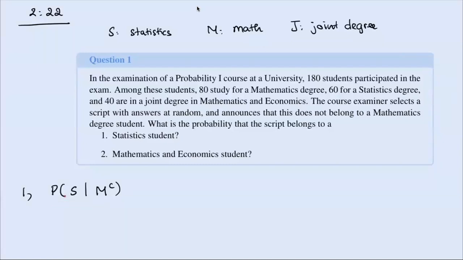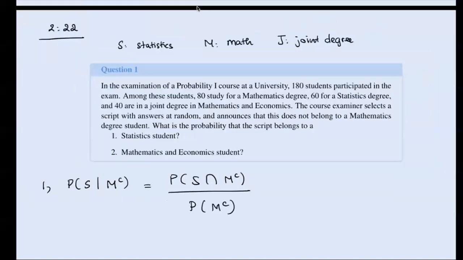Probability that it is a statistics student, given that the script does not belong to a math student. So we just have probability that the script belongs to a statistics student and not a math student, divided by the script belonging to a non-math student.